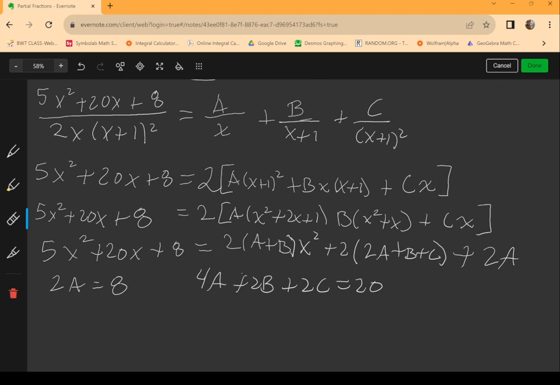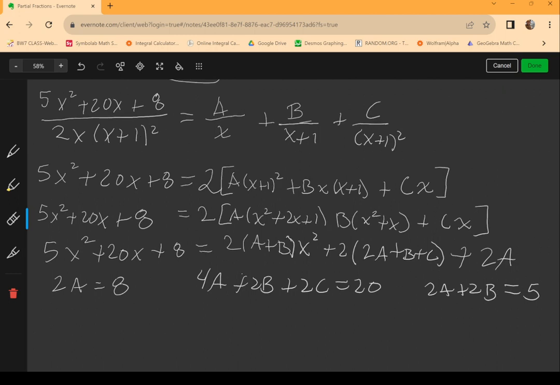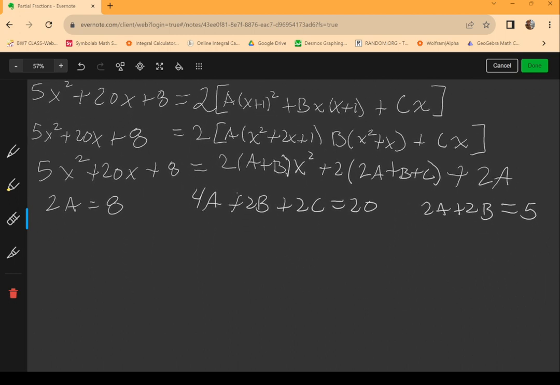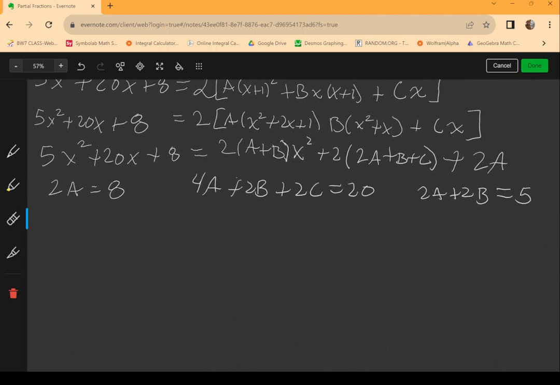And 2a plus 2b is equal to 5. All right, so here we can solve for a right away by dividing by 2. And we get a is equal to 4.